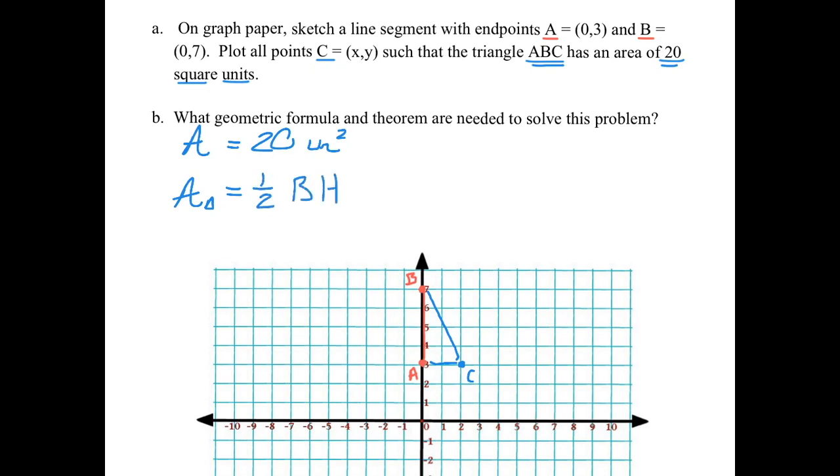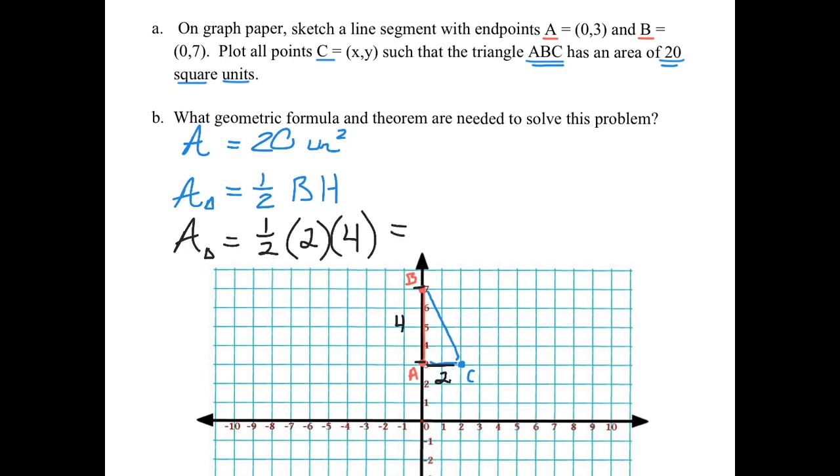So it looks like after I plotted point C at 2, 3, my base down here is 2 units, and my height up here is going from 3 to 7. Looks like it's 4 total units. Now, if I plug that into my formula for the area of a triangle, I end up with 1/2 times 2 times 4.